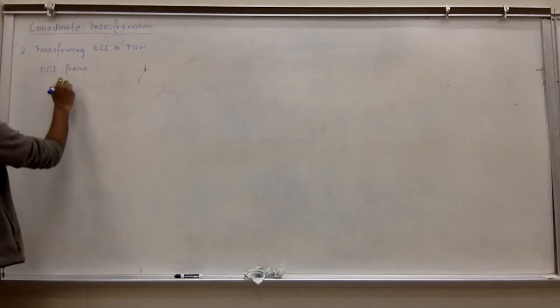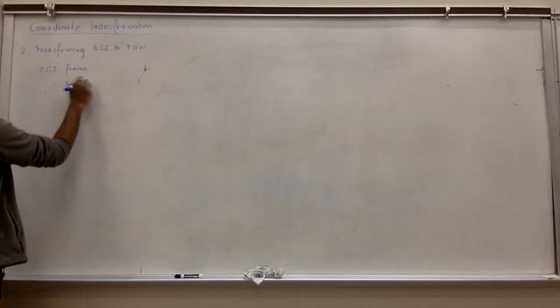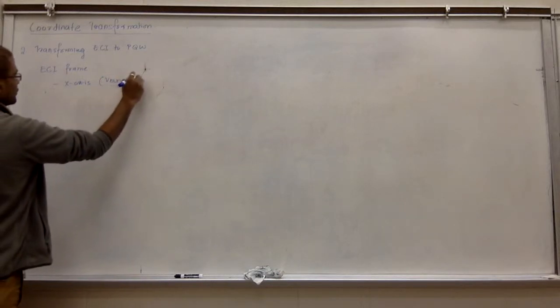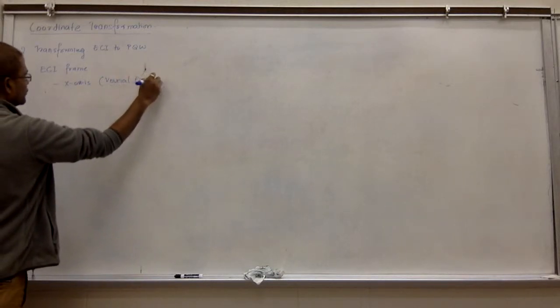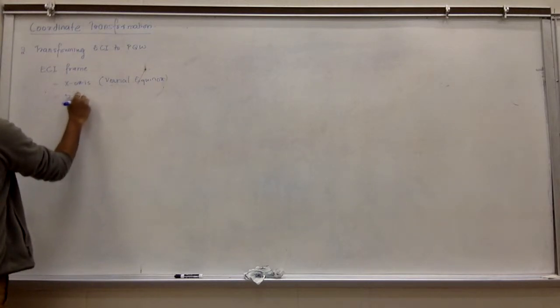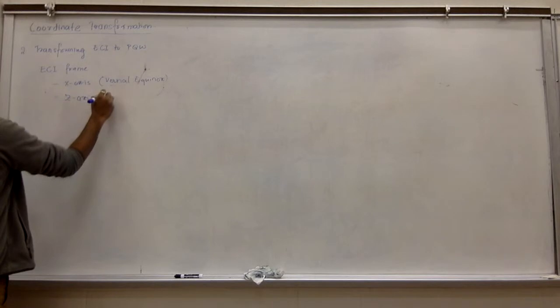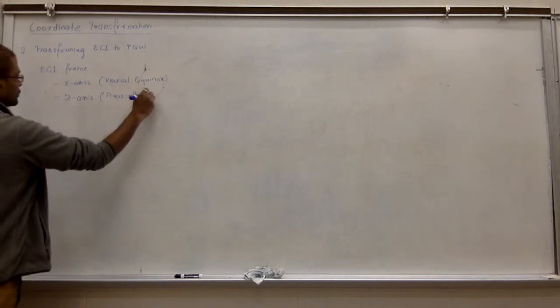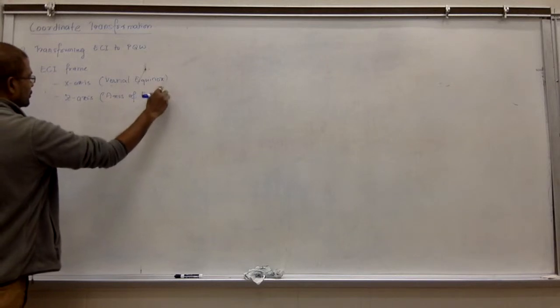The ECI frame is, you have the x-axis, which is the vernal equinox. You have the z-axis, which is the axis of Earth's rotation.